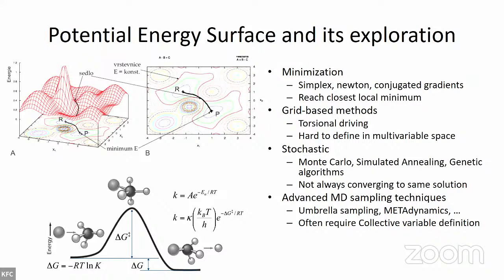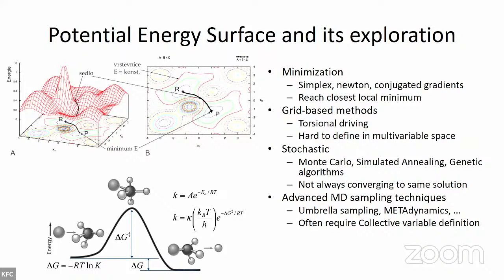If we have multiple torsions, it's almost impossible because that is so hard to define. If we have plenty of possibilities, then quite often we turn towards stochastic methods, which try to find the global minimum by random or pseudo-random changes, which are then learning. And that's what Monte Carlo or genetic algorithms are doing.